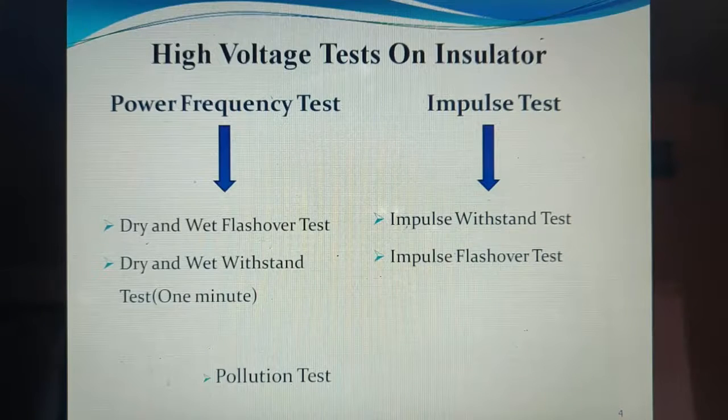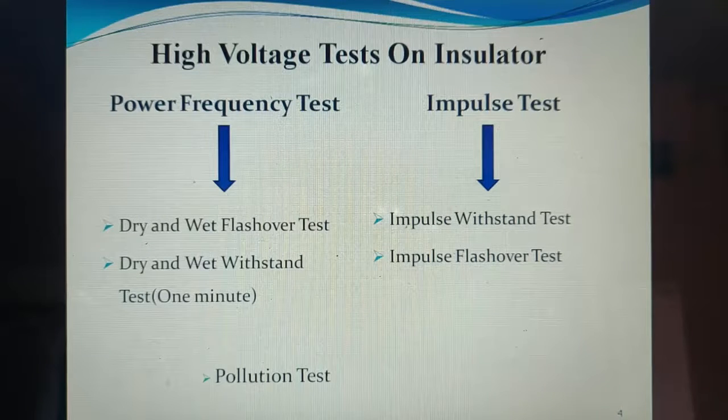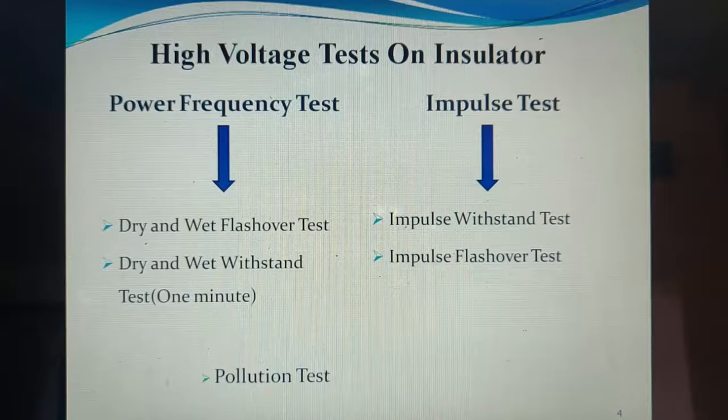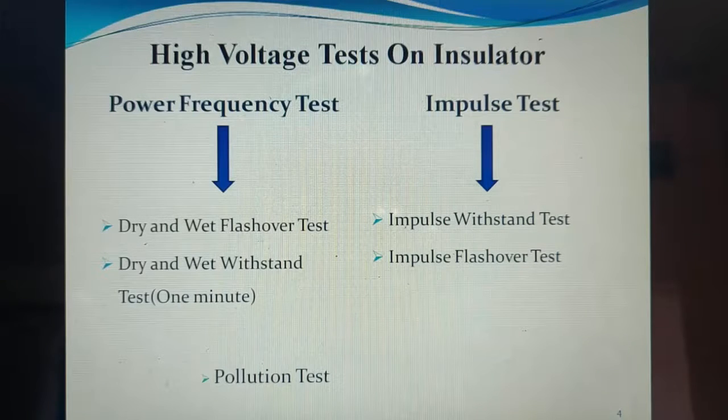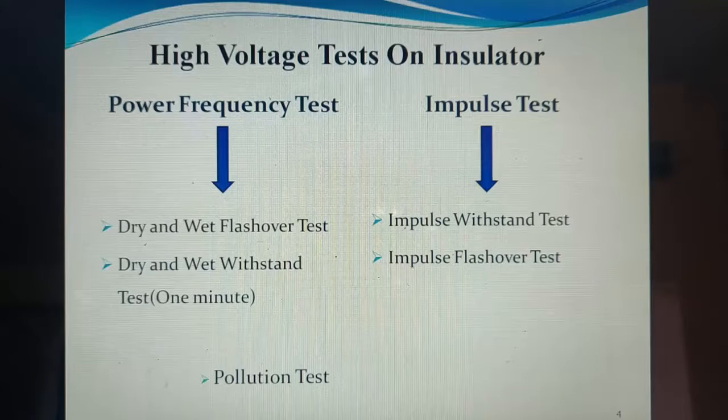It is also done on a sample when a new design or design change is introduced. That is called a type test. The routine test checks the quality of each individual test piece. It is done to ensure the reliability of the individual test object and also the quality and consistency of the material used in manufacturing. So these are the basic tests, type and routine tests.